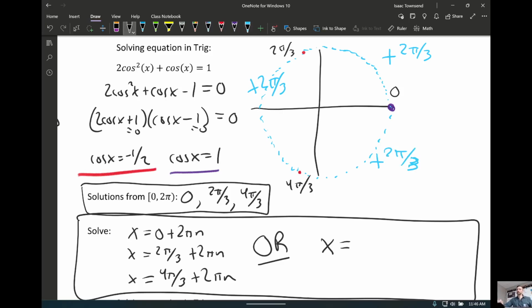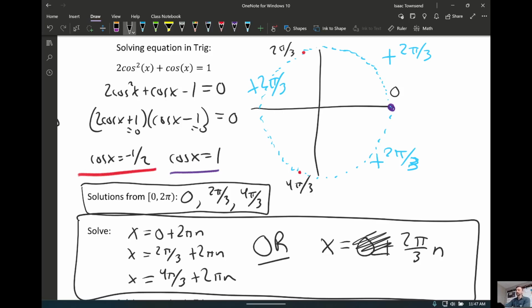So really, you could just say start at 0, and instead of going all the way around multiple times, 2 pi n, just go 2 pi thirds n. And then of course adding 0 doesn't really do anything, so we don't need to write that.